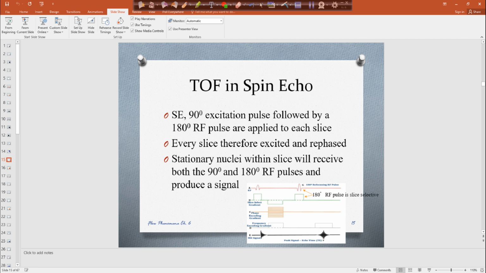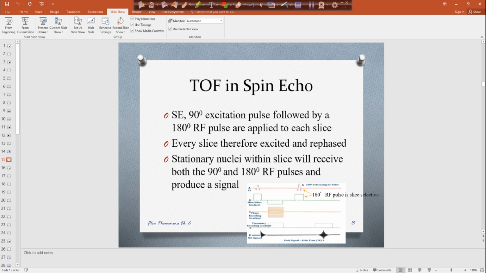All right, so let's talk about spin echo first. Remember, in spin echo, here's our pulse sequence diagram down here. We start with a 90-degree excitation pulse. Our slice select gradients turn on anytime we have an RF pulse. Then we select our frequency encoding gradient. We can either go steep or narrow, depending on which area of K-space we want to fill first.